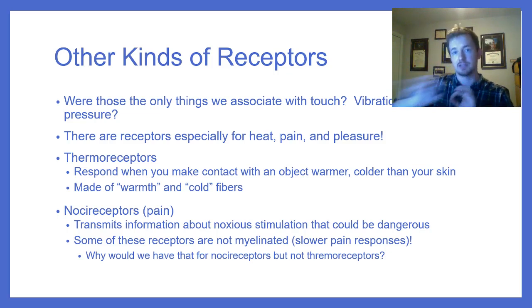It helps insulate that signal so that it gets from one place to the next. Some of these cells in our pain receptors don't have that insulation. So I want you to think, why might that be? Why is it the case that some kinds of pain don't require a very fast transmission? Think about that, and we're going to come to that in a video in just a moment.